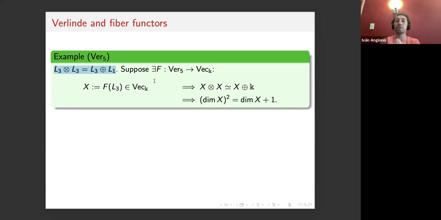So when we apply the tensor functor, it means that this vector space times itself decomposes as itself plus the field. But in terms of the dimension, it means that the dimension of X squared is the dimension of X plus 1. The golden ratio we have promised. So this doesn't happen.